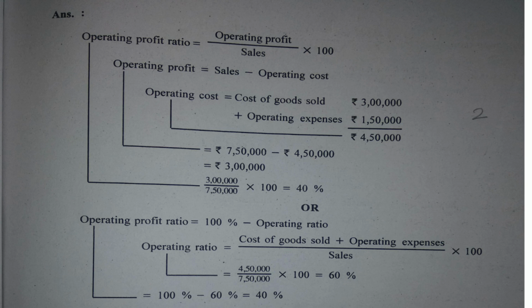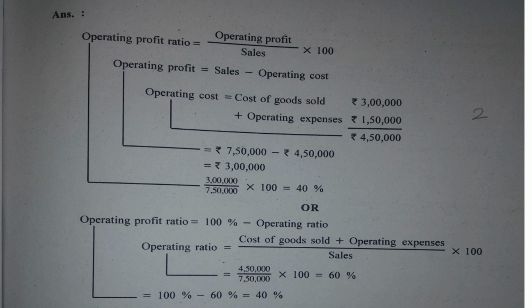What is cost of goods sold? It is 3 lakh. What is operating expenses? 1,50,000. What is the amount of sales? 7,50,000. Into 100. So the answer obtained for operating ratio is 60%.